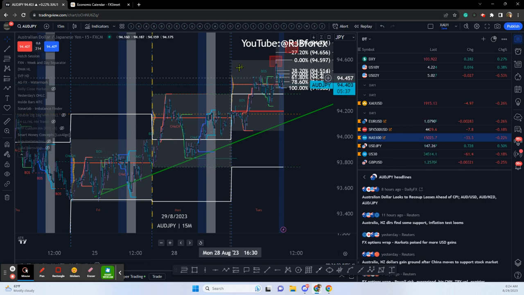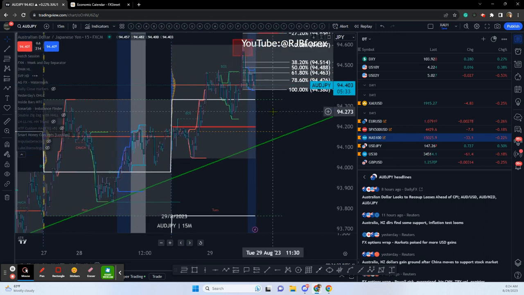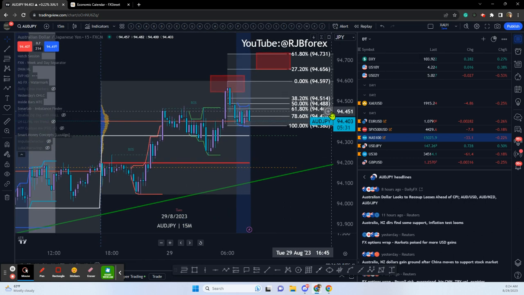Day 1, day 2, day 3 for the sell-off. We'll have to see. I just note that Aussie yen tends to track stocks, risk sentiment. So let's see how this plays out.